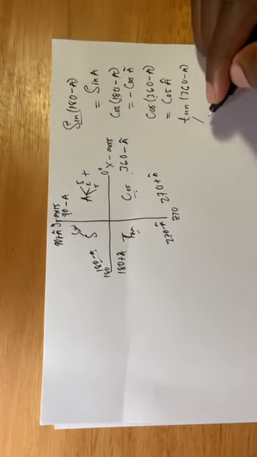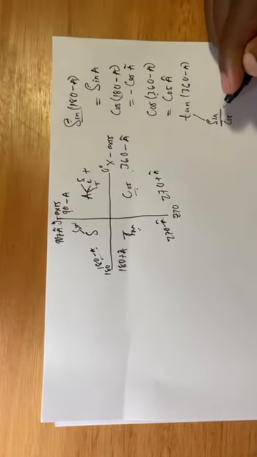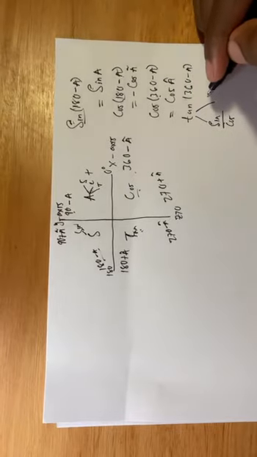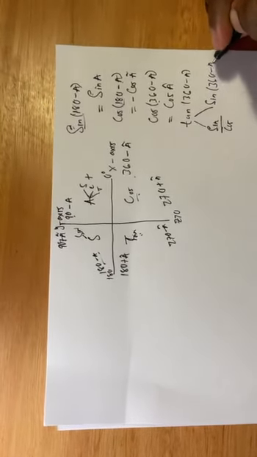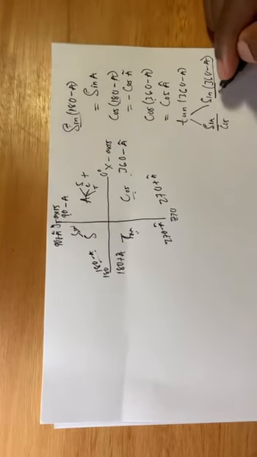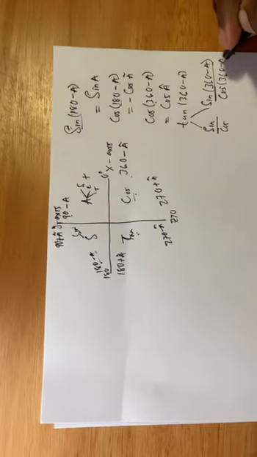Well, you have to remember that tan is sine over cos. So you can simply change this thing to give you sine of 360 minus A over cos of 360 minus A.